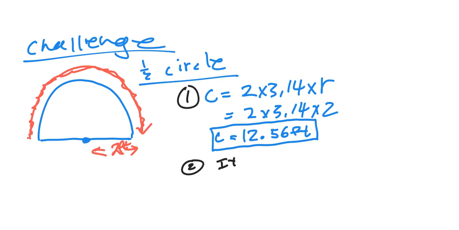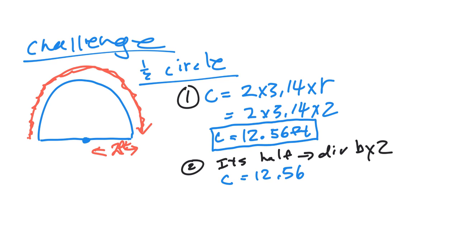Because it's half, we divide it by 2. That's it. So in this case, C is equal to 12.56 feet, and then we divide by 2. And you end up with 6.28 feet on the outside.